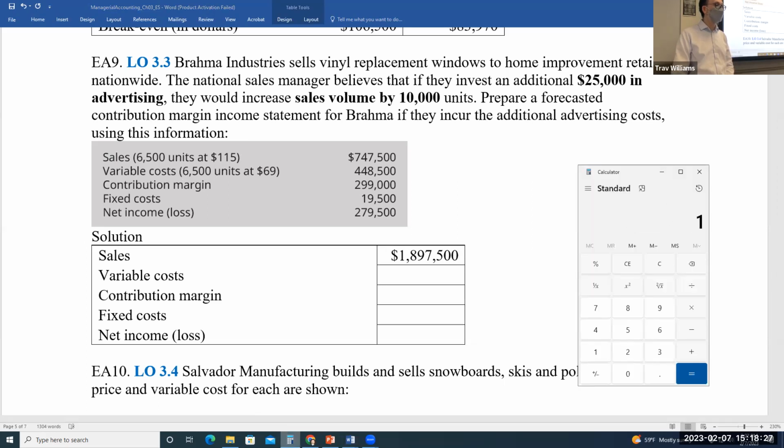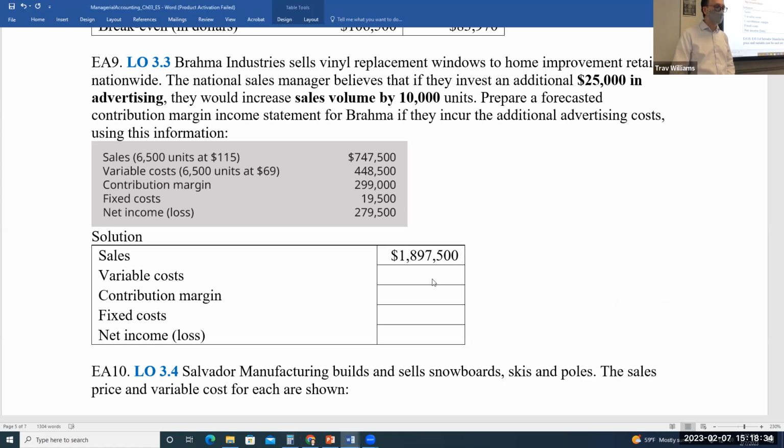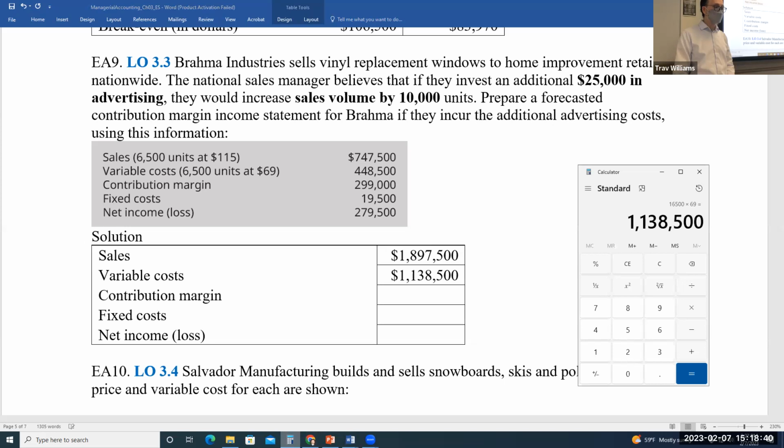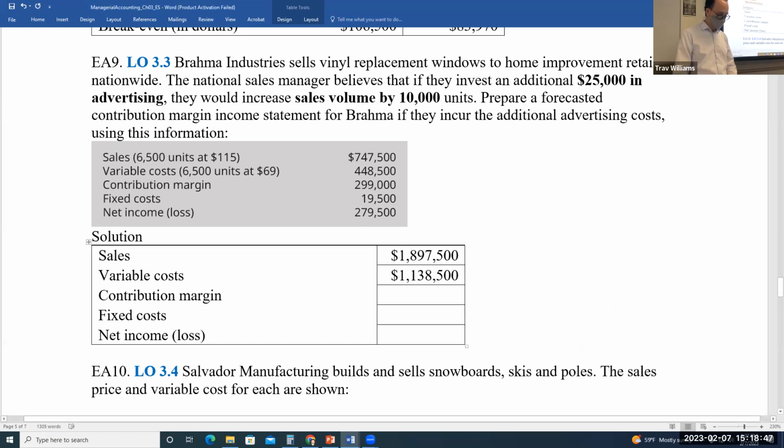So 16,500 at $69 each variable costs, we get 1,138,500. We can subtract and get our contribution margin. 759,000.